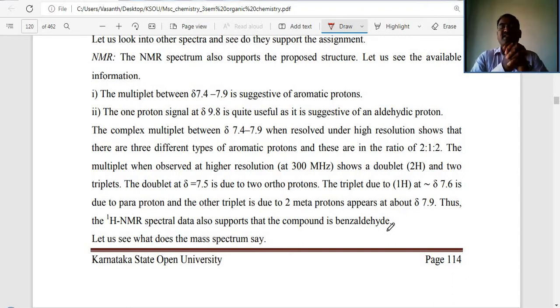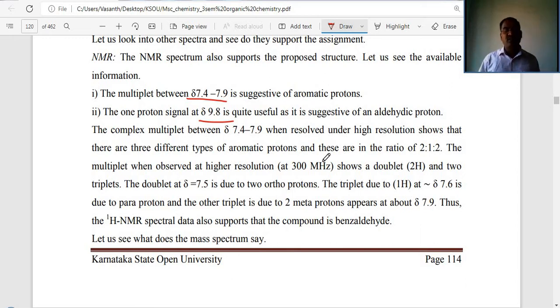Let us see the available information. The multiplet between the chemical shift values 7.4 to 7.9 is indicative of aromatic protons. The one proton signal at 9.8 is quite useful as it is suggestive of an aldehydic proton.